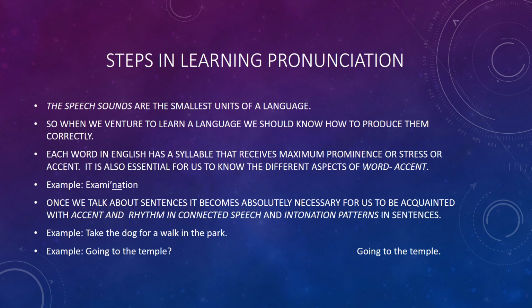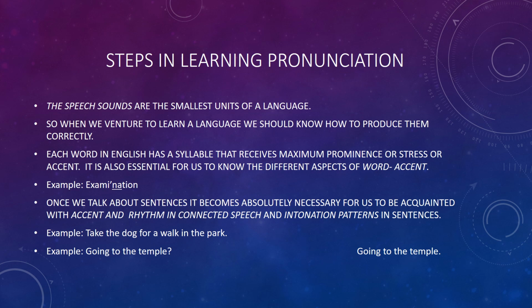I intend to ask a question. Going to the temple, going to the temple. It is the same set of words, the same sentence, but that will mean that I am going to the temple. It is a statement. So if you use a falling tone, it becomes a declaration or a statement.